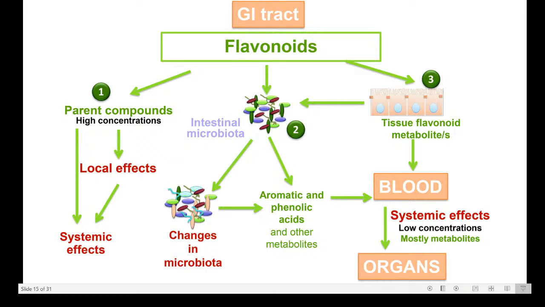Then aromatic and phenolic compounds come to the bloodstream. Through the bloodstream, only low concentrations of secondary metabolites, low concentration flavonoids, reach the organs. So if you eat fruits or vegetables, the metabolites do not fully go into the organs. That is why physicians recommend taking more vegetables and fruits.